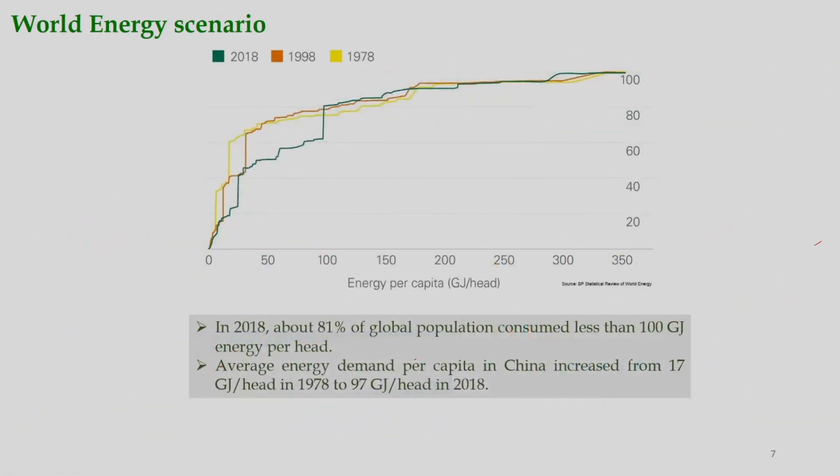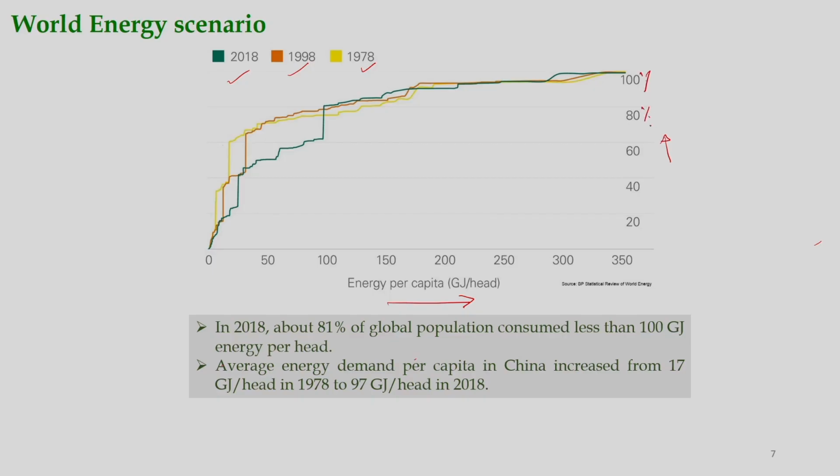So, this slide shows the world energy scenario at 3 different years. One is 1978, one is 1998 and the other one is 2018. Okay. In the horizontal axis it shows energy per capita in gigajoule per head, and in the vertical axis it shows the population in percentage.